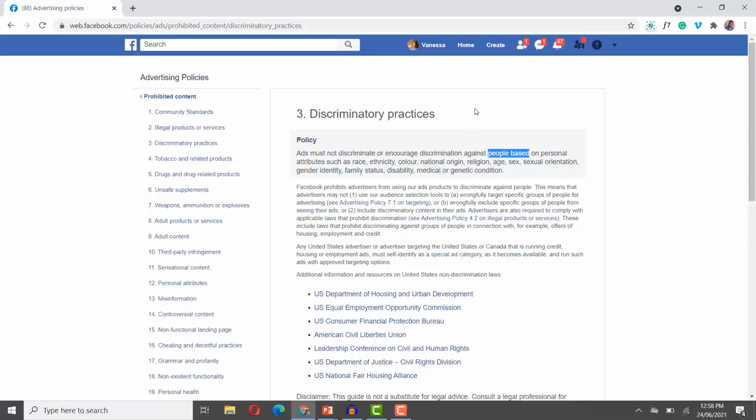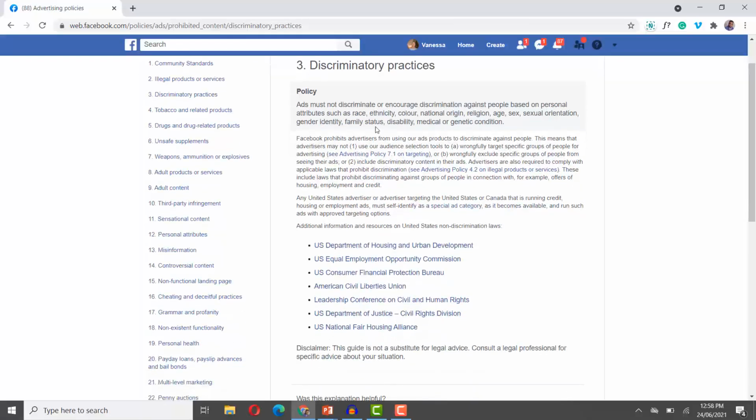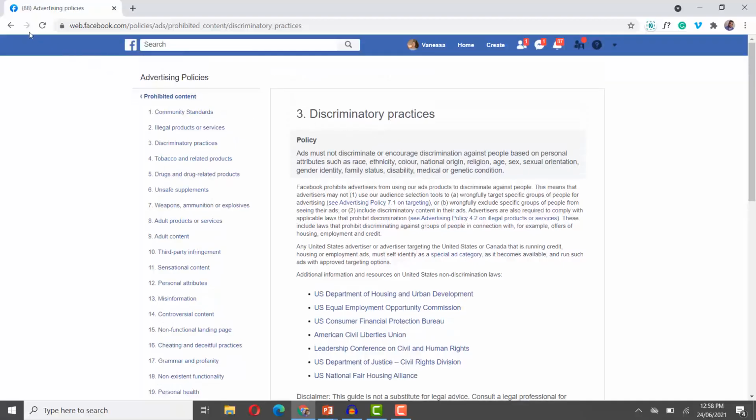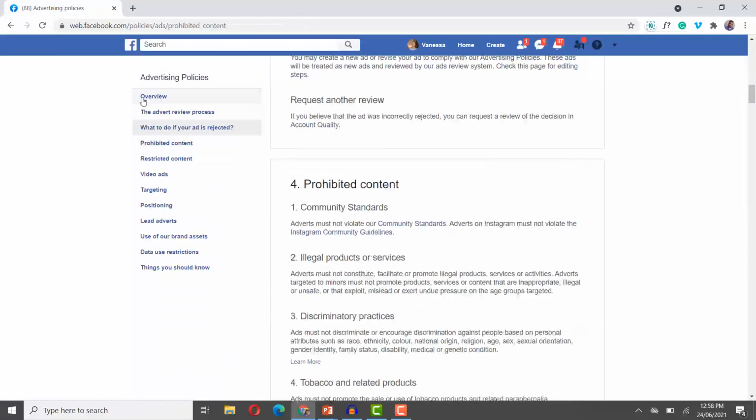It's going to look pretty awkward and it's going to make a lot of people enraged. So Facebook doesn't want that. Same for family status. You can't just target people and talk specifically about people in a particular status, financial status, or even gender identity. You can say a lot of things, and I'm not going to go much into all of that now.